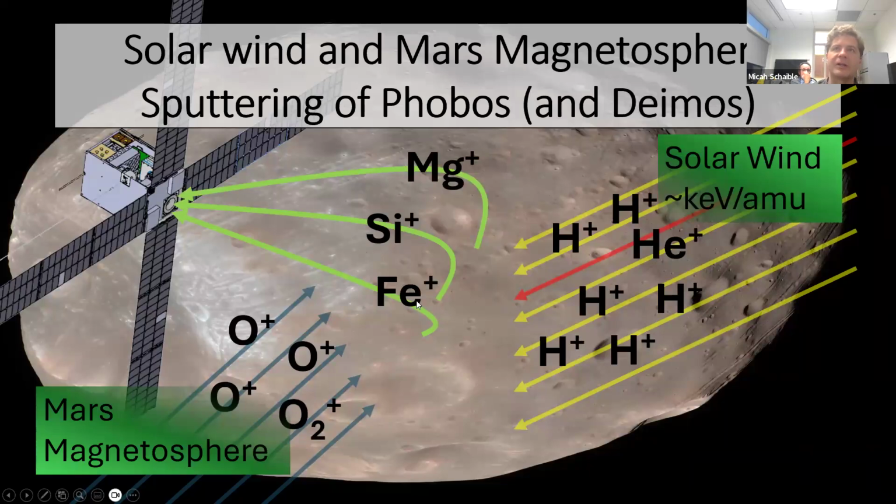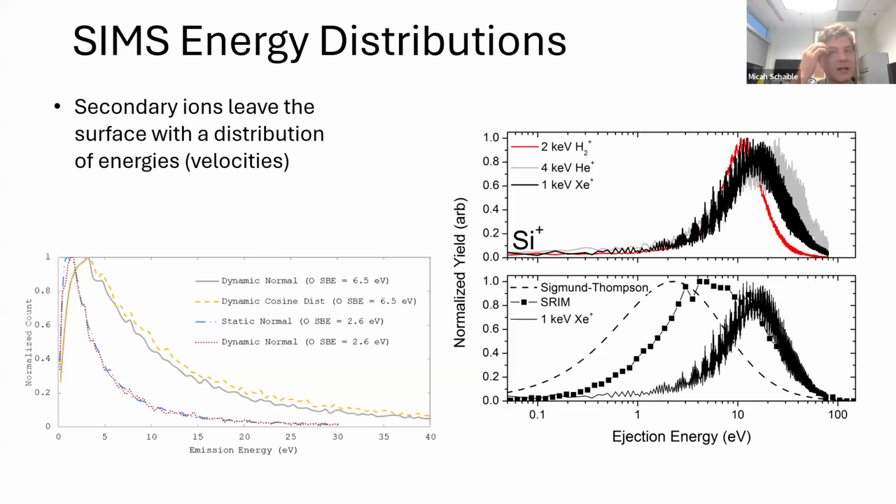In order to determine what the fluxes of ions around Phobos and Deimos are, we first needed to measure the sputtered secondary ion energy distribution. So that's going to control how fast these ions are leaving the surface before they're picked up in the solar wind.